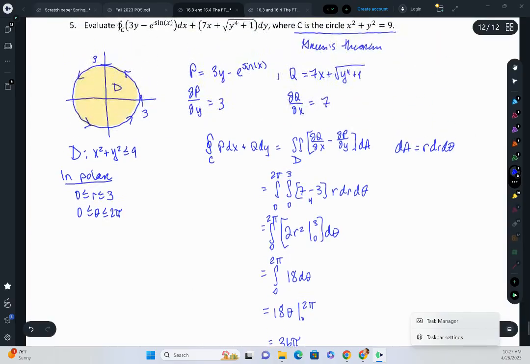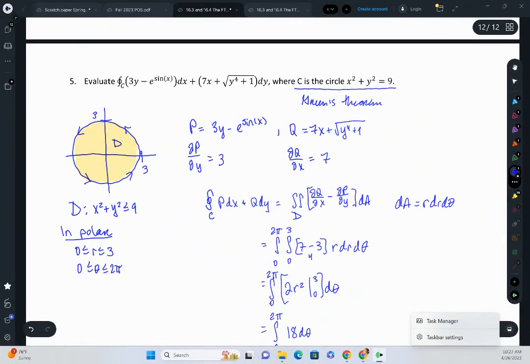So what happened here is I started with a problem that had horrible P's and Q's in it, just horrible. If you think about how we would parametrize a circle, especially this one, r of t would have been 3 cosine of t and 3 sine of t.